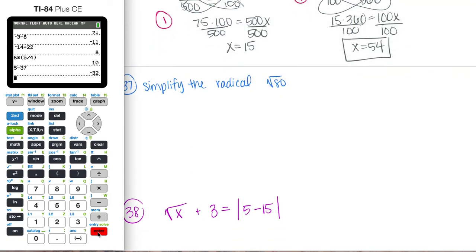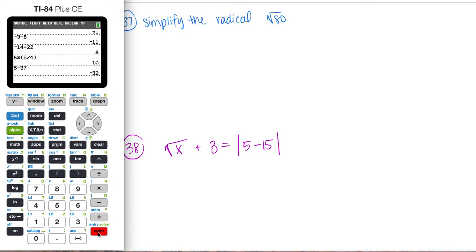All right, simplifying a radical. So when we simplify a radical, if y'all remember, we are going to break 80 down into its factor tree. So 80 is going to break down into 2 and 40. 40 can be multiplied by 2 and 20. 20 can be 2 and 10. 10 can be 2 and 5.